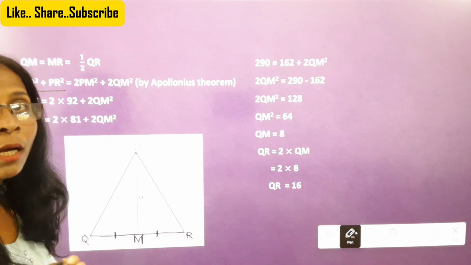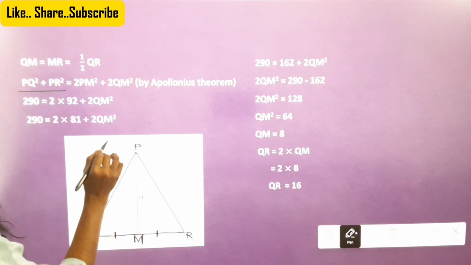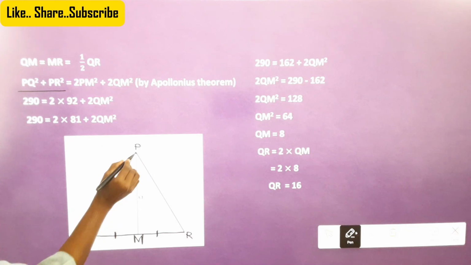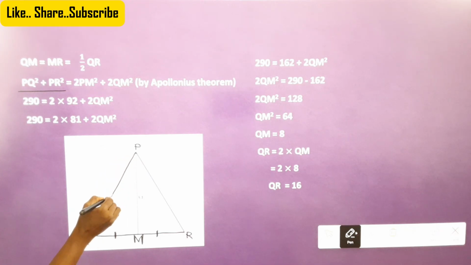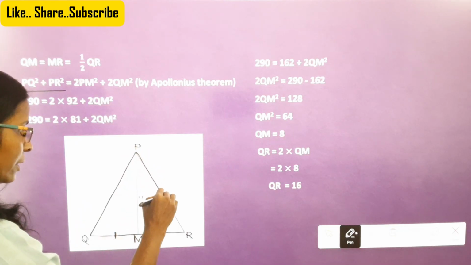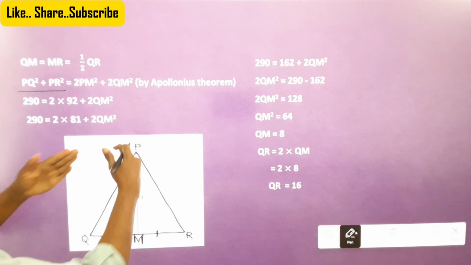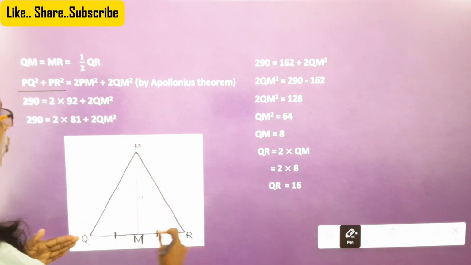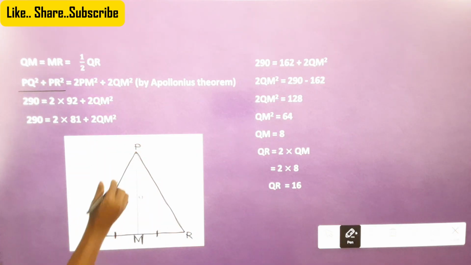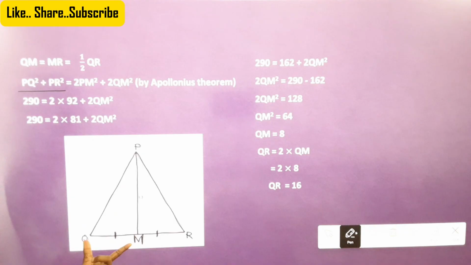Now, as per the Apollonius Theorem, PQ square plus PR square is equal to 2PM square, this median, plus 2QM square, this half part.